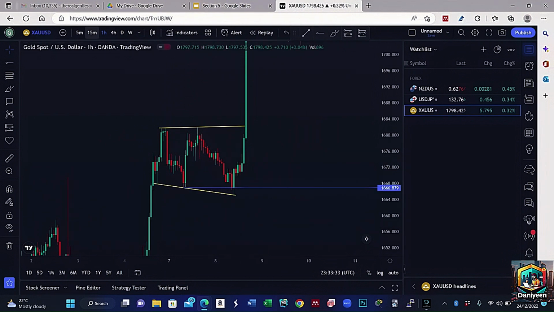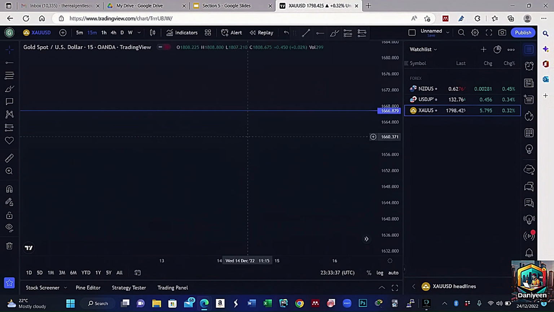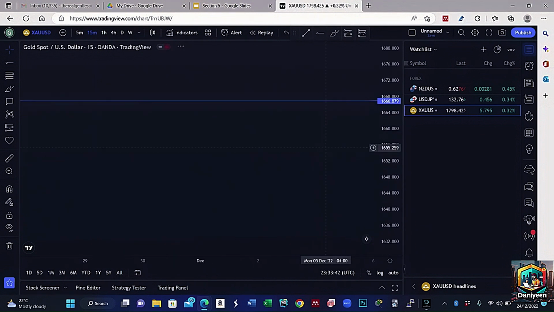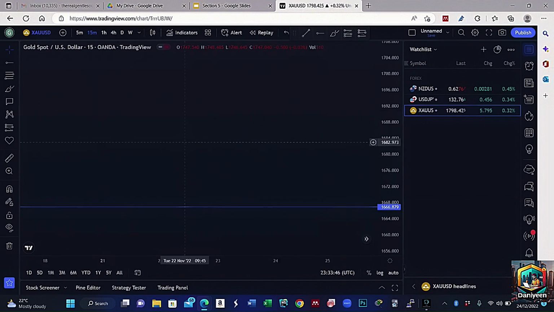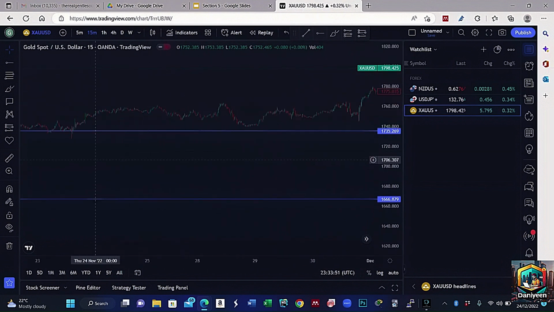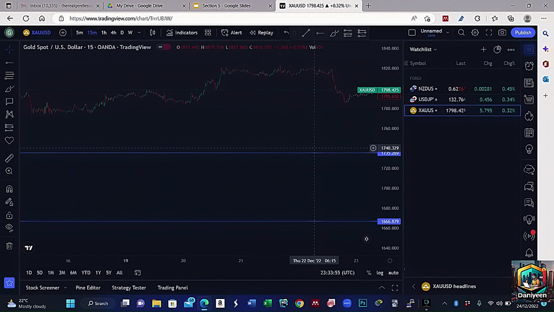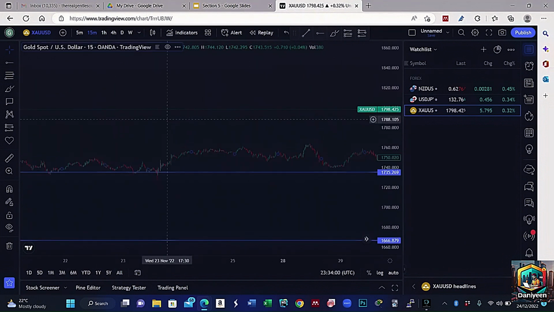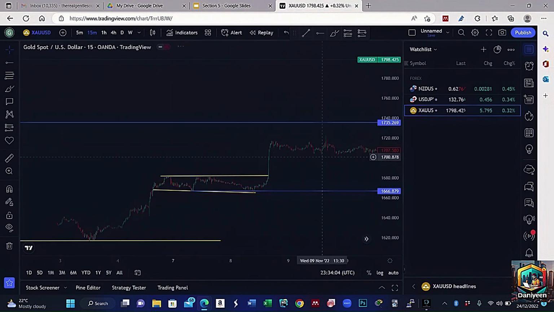You can also refine it by going to the 15-minute time frame. I'm trying to look for it. Okay, I can see it now.